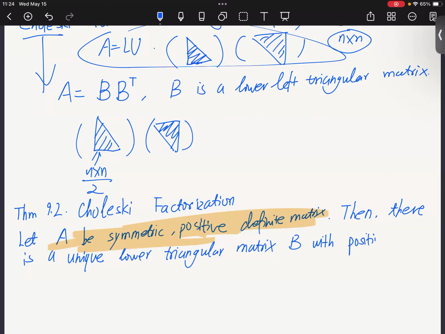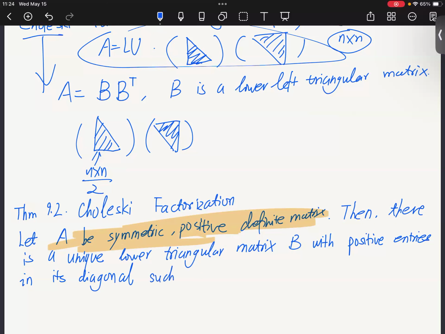With positive entries, I usually forget this thing about the Choleski factorization, but it has positive entries on its diagonal, and it's just one restriction on the diagonal, because you will see later on.